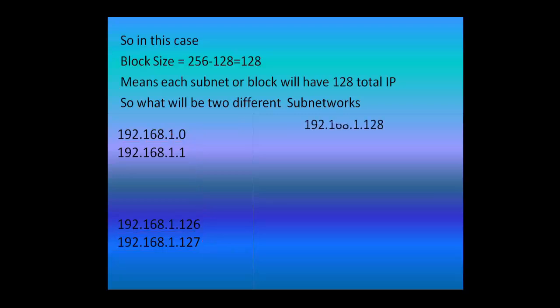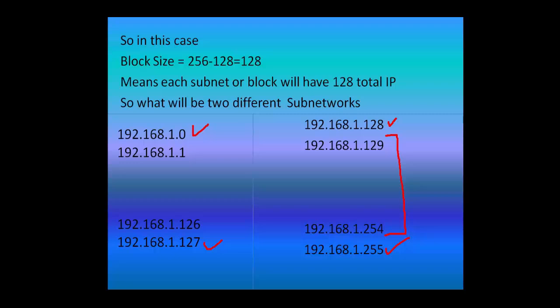Second block starts with 128 as the network ID, and ends with 255 broadcast. The first valid IP will be 129, going up to 254 as the last valid IP, and broadcast will be 255. Now each block has its own broadcast IP, its own network ID, and its valid IP range.